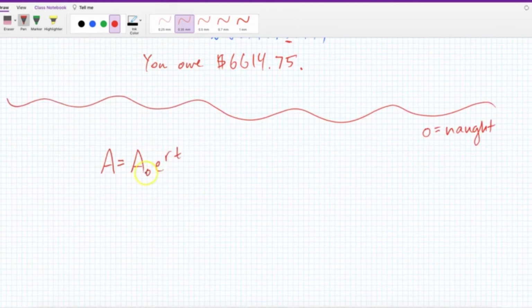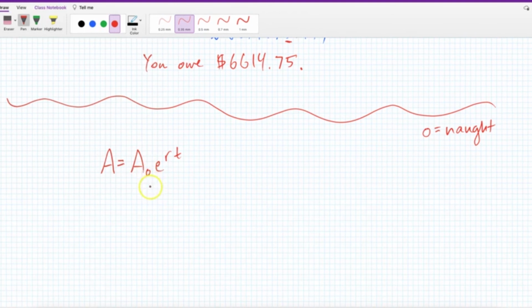And the reason we use A naught is that it's basically saying the initial amount. So if this is describing a population, like a population of rabbits, then A naught will be the initial population that you were looking at. So if you start looking at it on January 1st, then that's the population on January 1st.